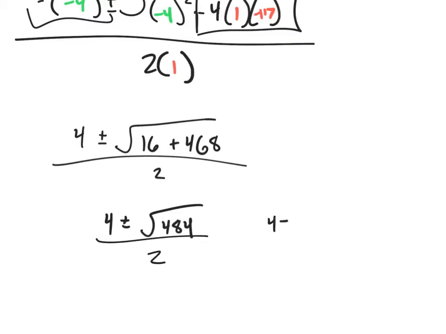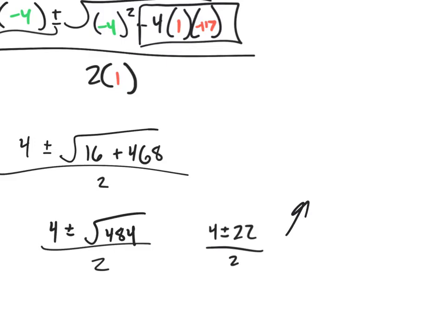Now 484 does have a square root. If you ask your calculator to take the square root of 484, you'll get 22. And now we're ready to split this off into the two different cases, because of the plus minus.